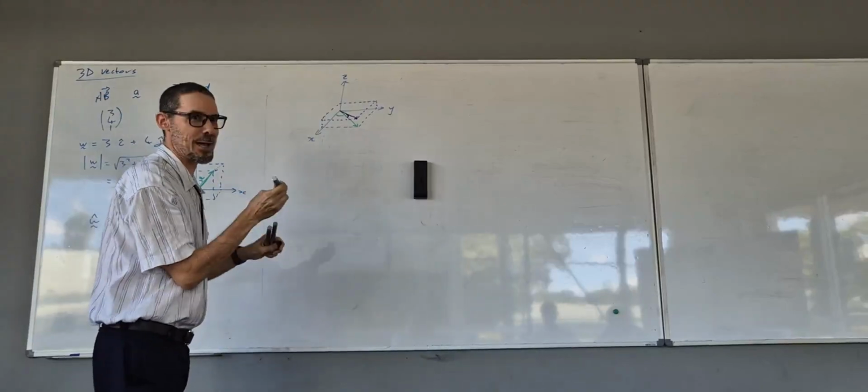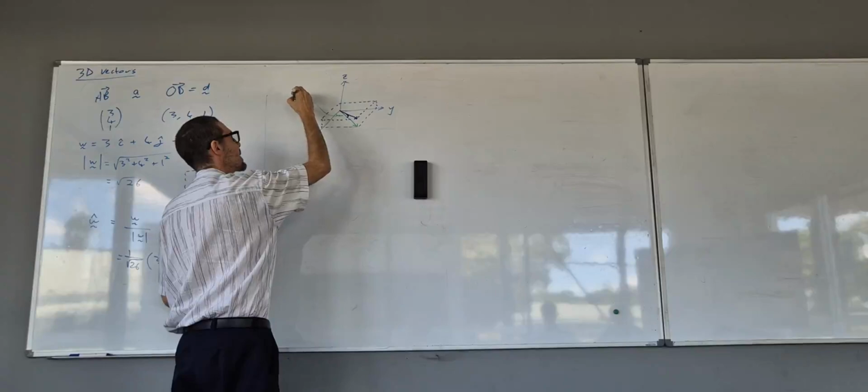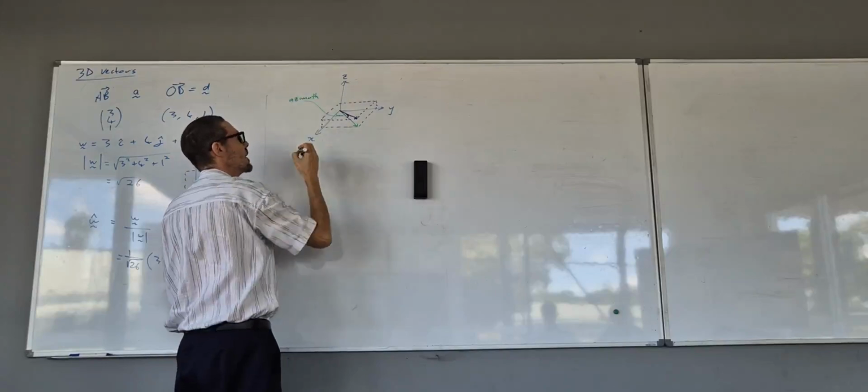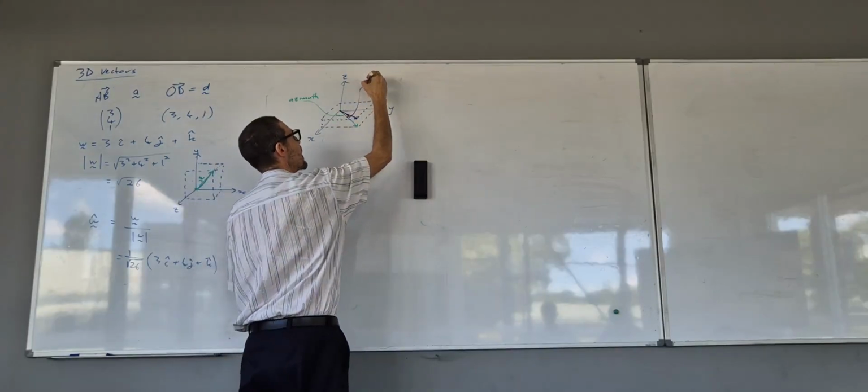These 2 angles have different names. This one is called the azimuth, and this one is called the altitude.